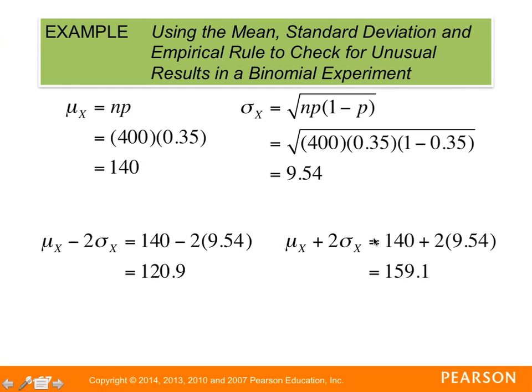Mu plus 2 sigma is going to be found by taking our 140 plus 2 times our 9.54, and we get 159.1. So this result is unusual because 162 is larger than our 159.1, which is our 2 standard deviations. So this is a fairly unusual result if the actual true proportion of households was 35%.